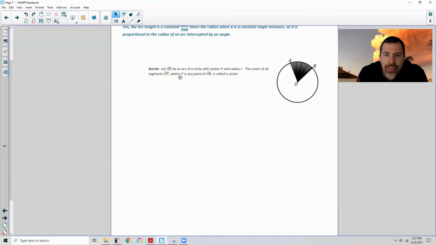Okay, so moving on to a definition, sector. What is a sector? Let arc AB, which is right here, be an arc on a circle with a center of O and a radius of R. So there's R. The union of all segments OP, where P is any point of the arc AB, is called a sector. In other words, if P were right at A, then OP is OA.